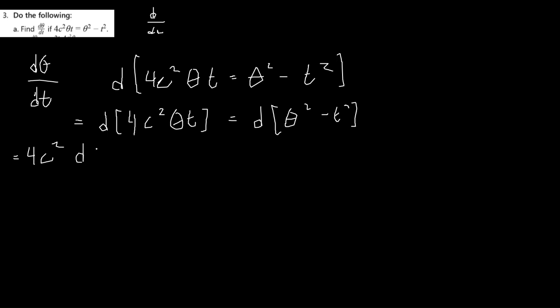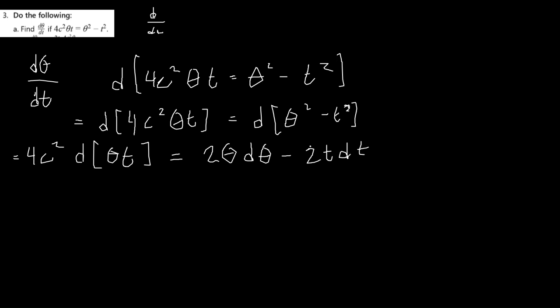So we find the derivative of theta t here. Now for the right side, we're gonna find the derivative of just this, right? Now this is simple because it's just the power rule. So we will just transfer 2 in the front of theta, and then d theta minus 2t dt, right?